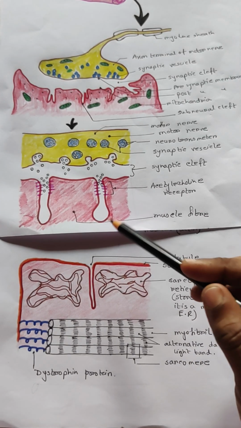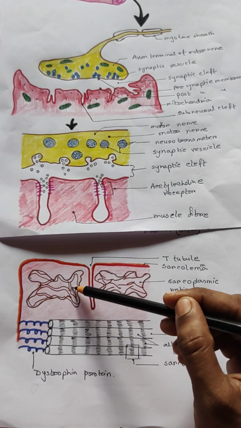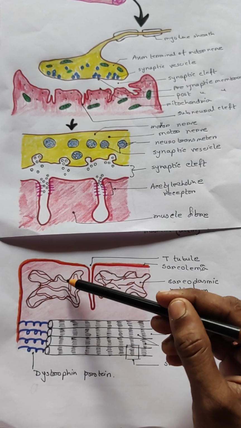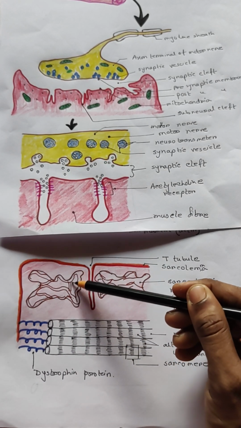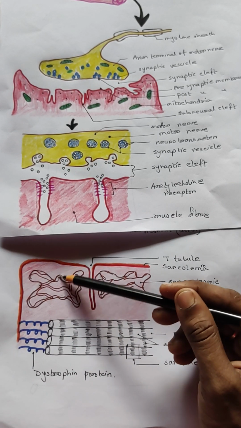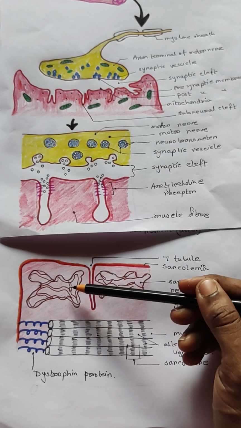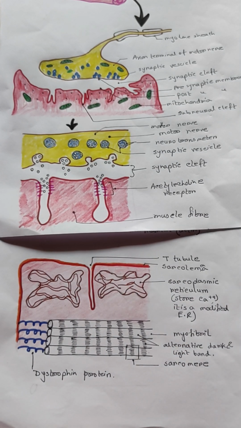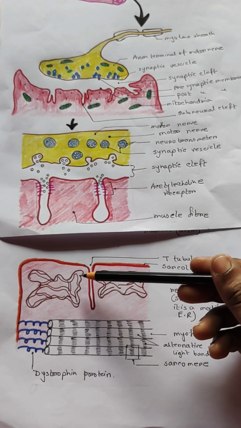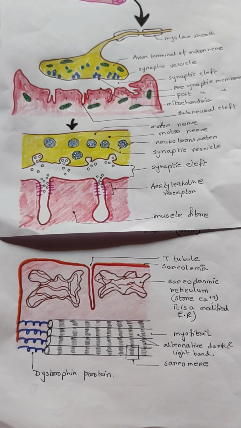And whenever this action potential is generated, the sarcoplasmic reticulum, which stores calcium ions, releases calcium ions. Okay, the sarcoplasmic reticulum releases calcium ions, and they initiate the biochemical changes in the muscle contraction. After being released, the calcium ion goes to combine with the myosin.